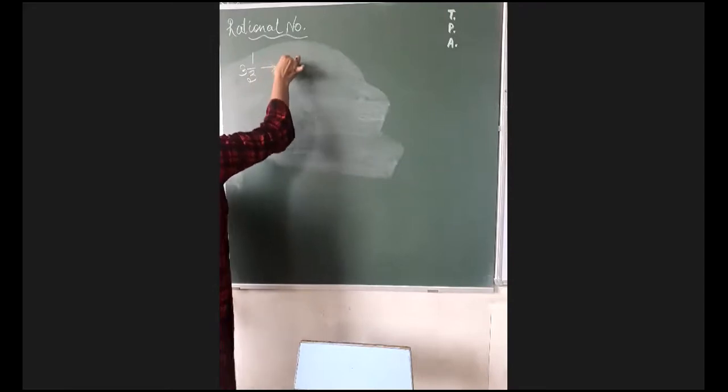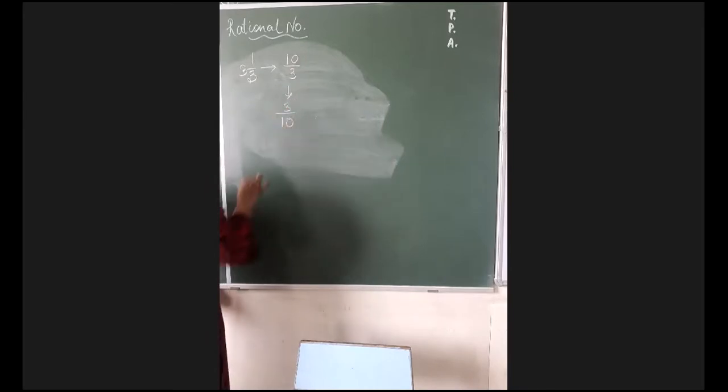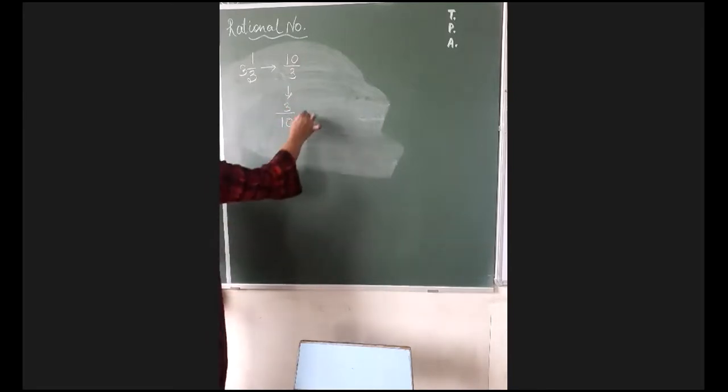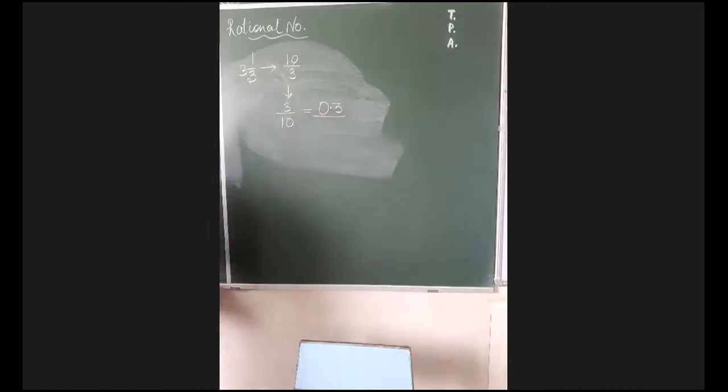See, the question says you have 3 whole 1/3, and it is asking whether 0.3 is a reciprocal of this number or not. Let us prove it. You know that it's 3 whole 1/3. When you solve it, it will give you 10/3. When you find its reciprocal, it will give you 3/10. When you write 3/10 in decimal form, you will get 0.3.